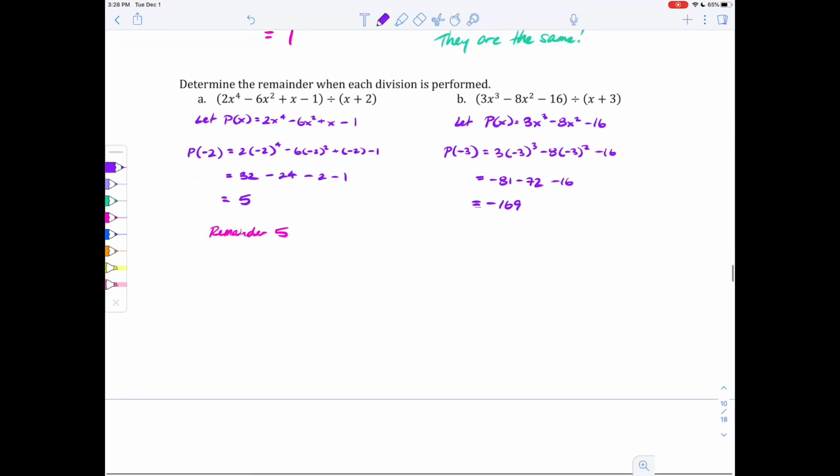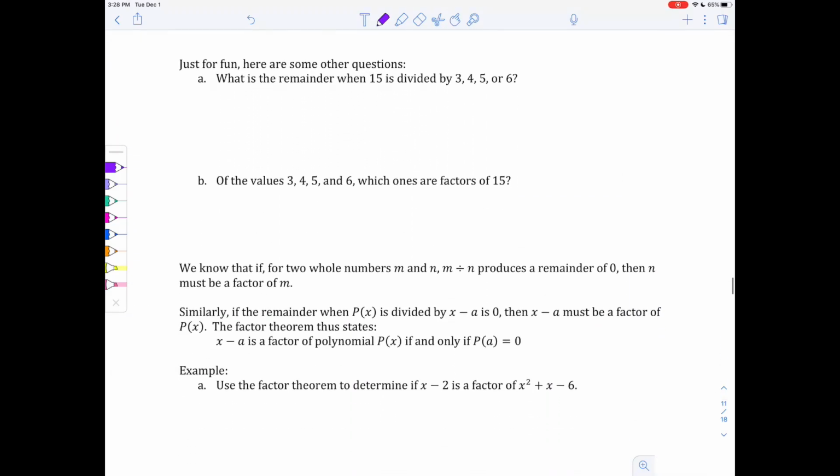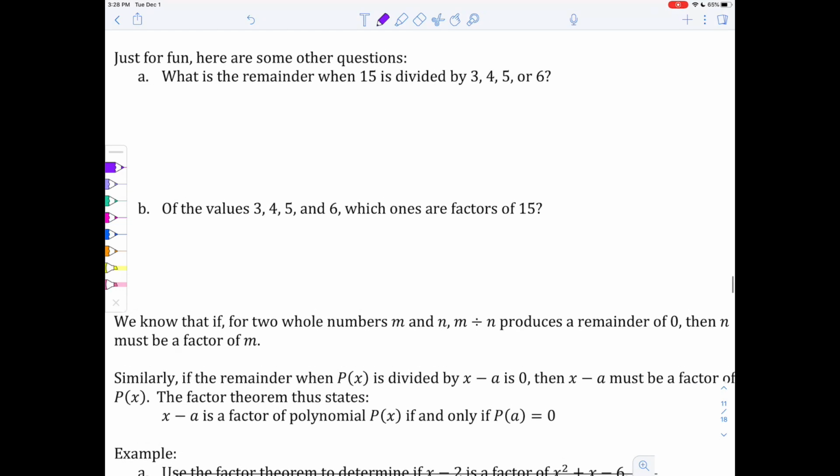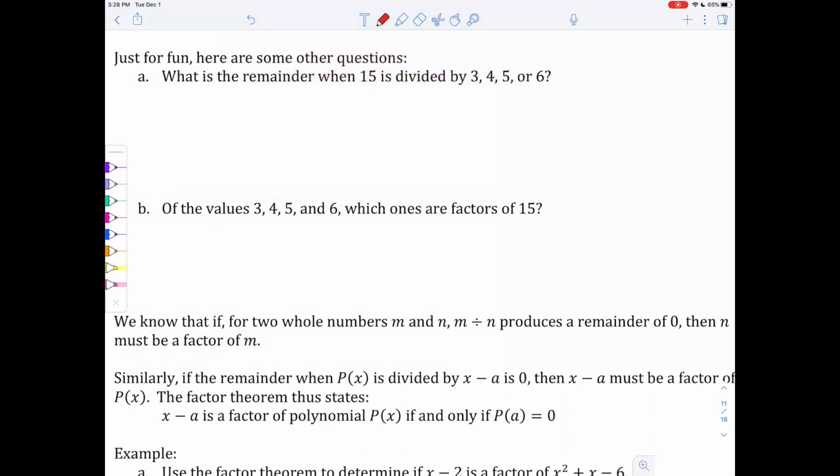And the remainder theorem is useful, but it leads us to a theorem we're going to use a bit more, and that's the factor theorem. But as a preamble for the factor theorem, questions. What's the remainder when 15 is divided by any of these? You can think about it in your head brains if you wish.